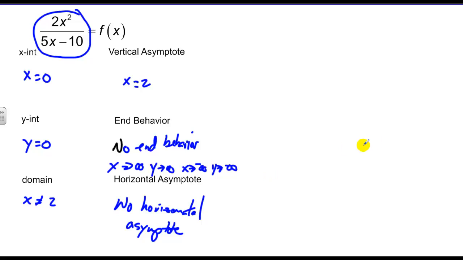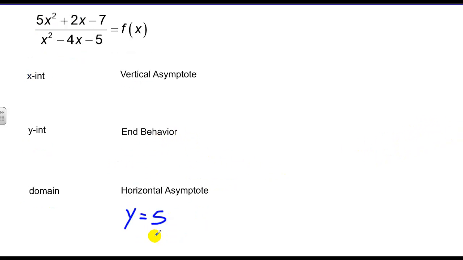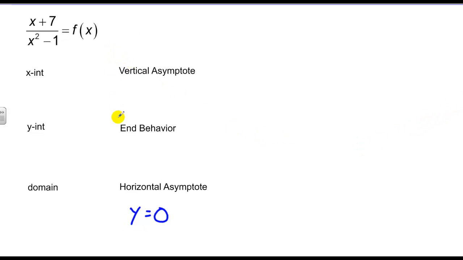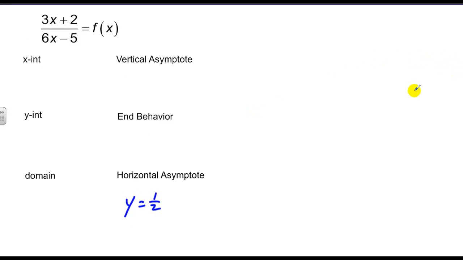If we go back to the previous function, we had y equals 5 as our horizontal asymptote, and then we go back to here, we had y equals 0 as our horizontal asymptote, and here, y equals 1/2 was our horizontal asymptote. Well, to ruin the secret, basically what we're going to do is look at the highest degree terms in each case.